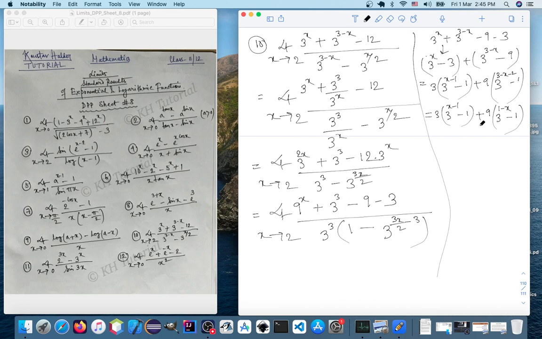What we can do, okay, so we can bring x down here, and we can bring x down in the numerator.